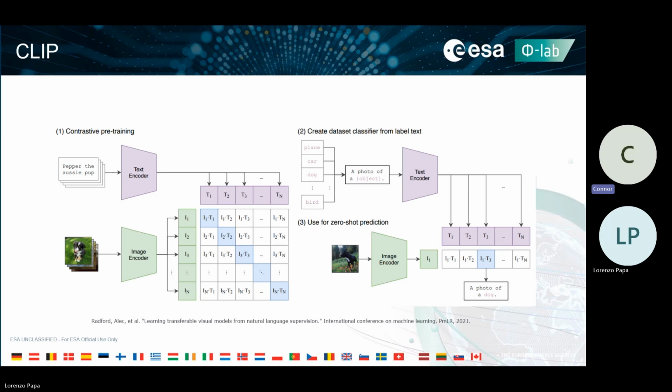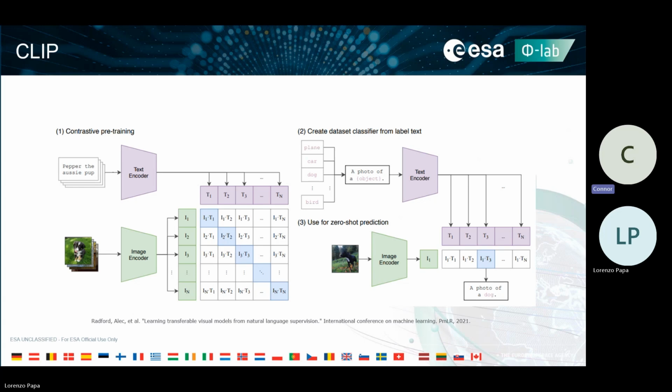So, to go into the details, we give as input multiple pairs of text and images based on an assumption. The assumption is that in the set of images that we give to the model, most of them are correct, so the text represents the image that is given as input.